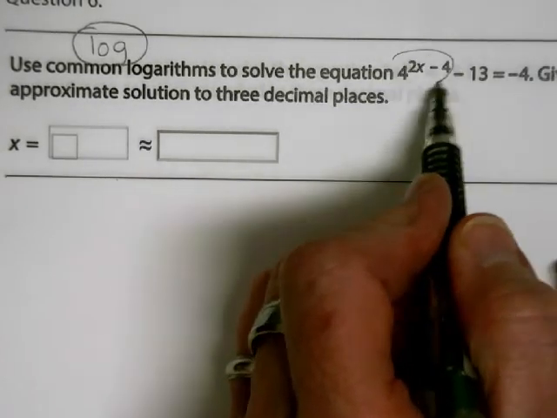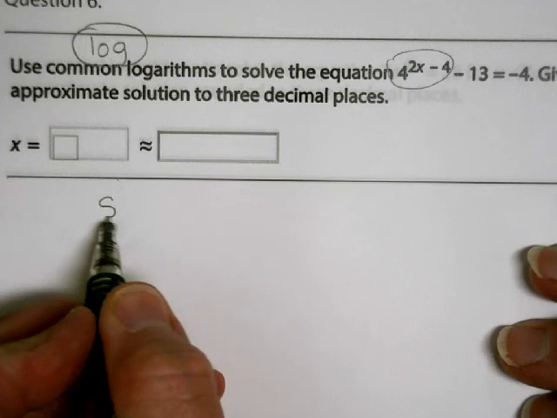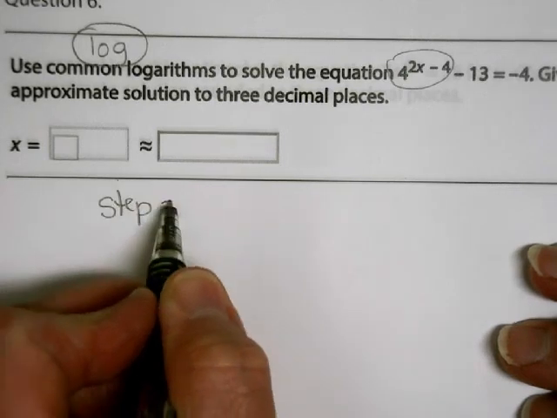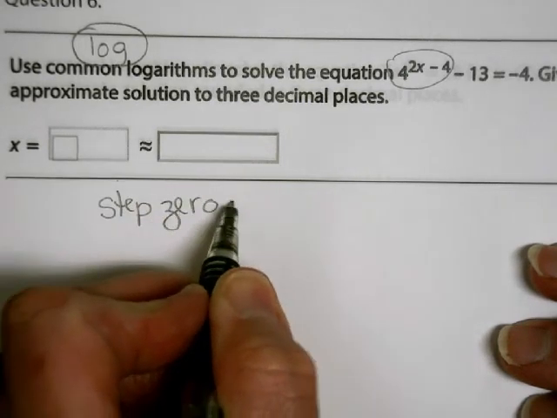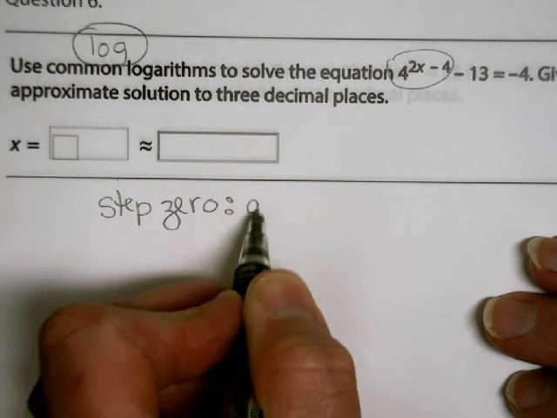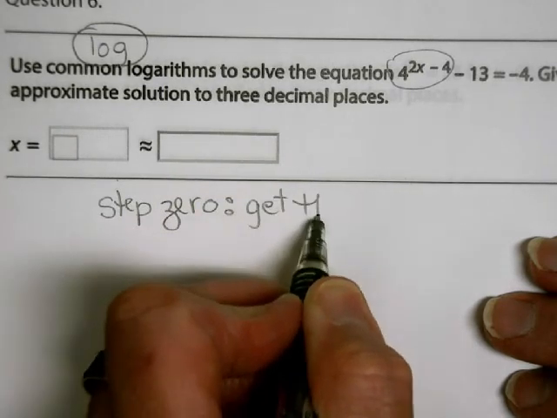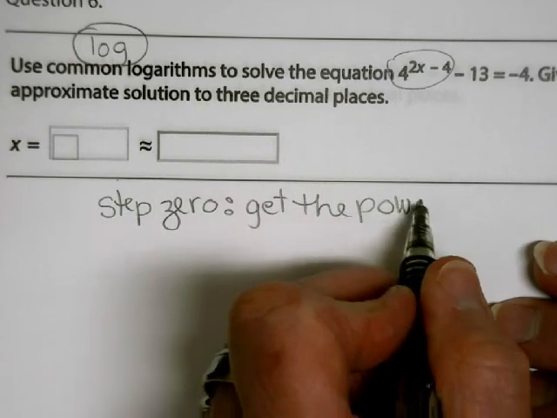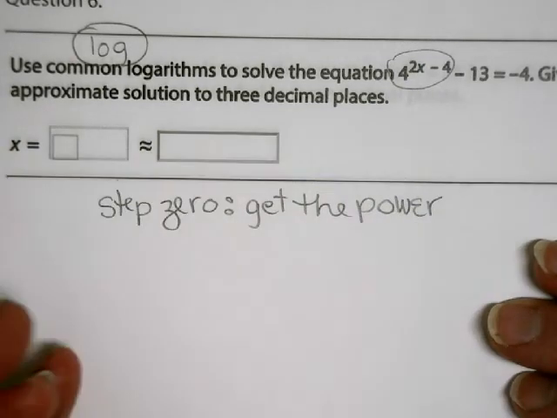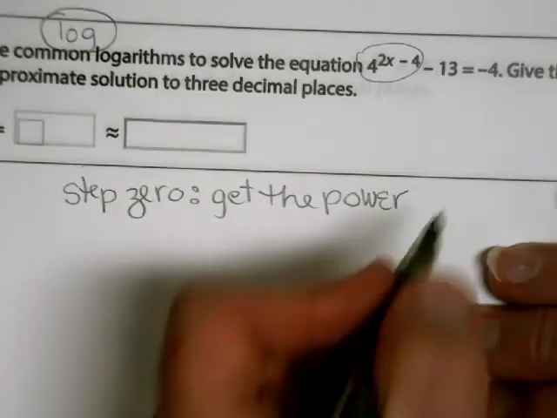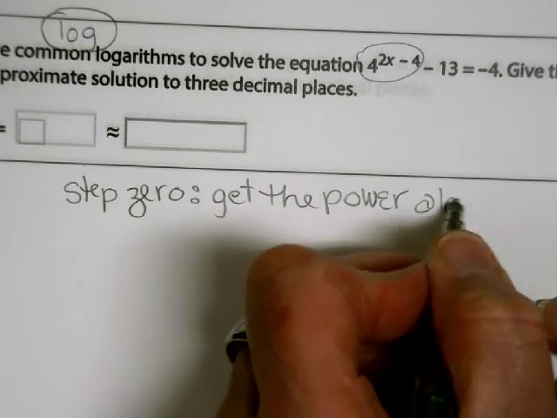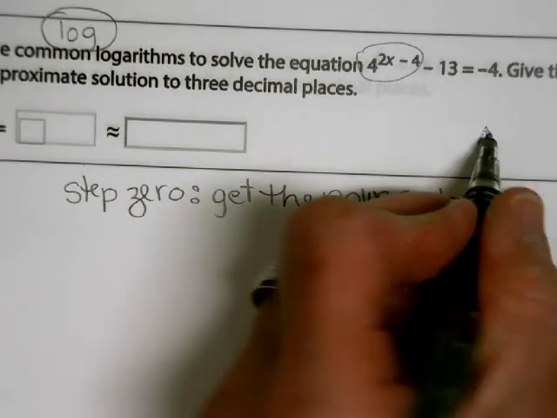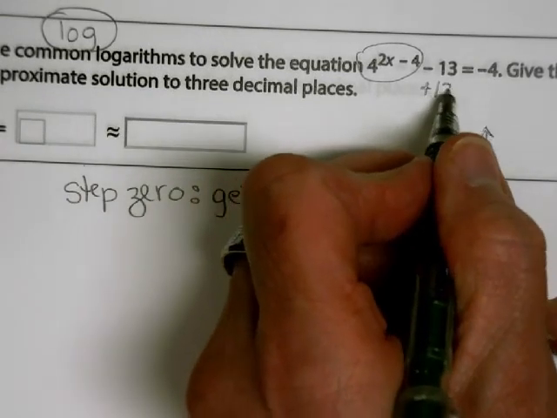Okay. So remember my step 0 I was going to warn you about? You see how my power is not alone? That's going to be my step 0. The power refers to the base and the exponent, but a lot of times people call the exponent a power, including me.